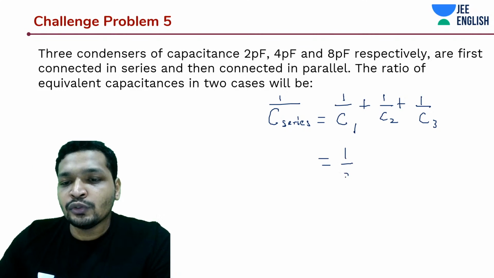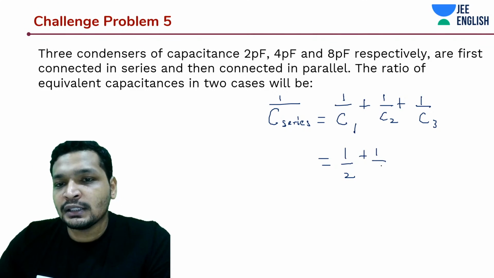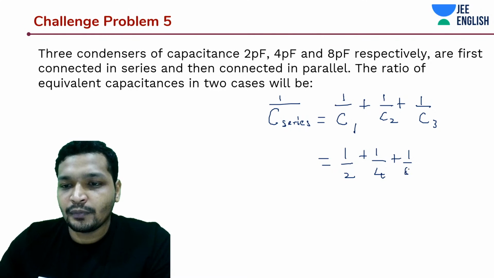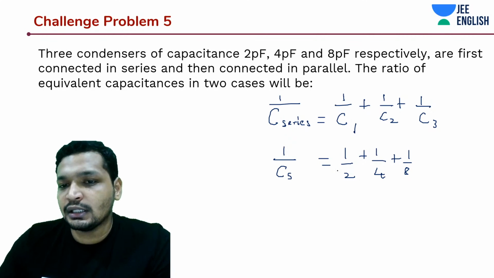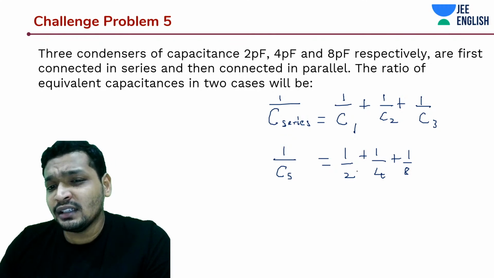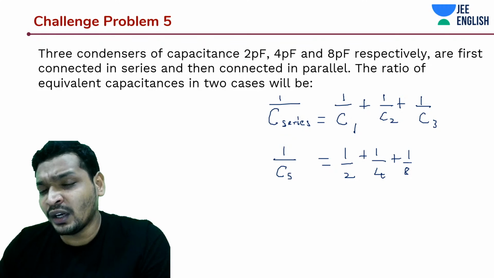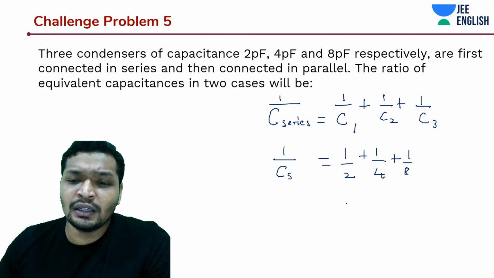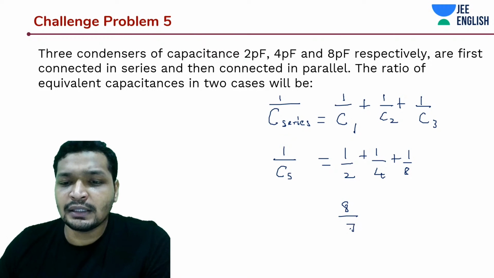So it's 1 by 2 plus 1 by 4 plus 1 by 8. This is C series. Okay, and the common denominator is 8, so this is 4, this is 2, and this is 1. How much is that? 7 by 8. So your capacitance is nothing but 8 by 7.